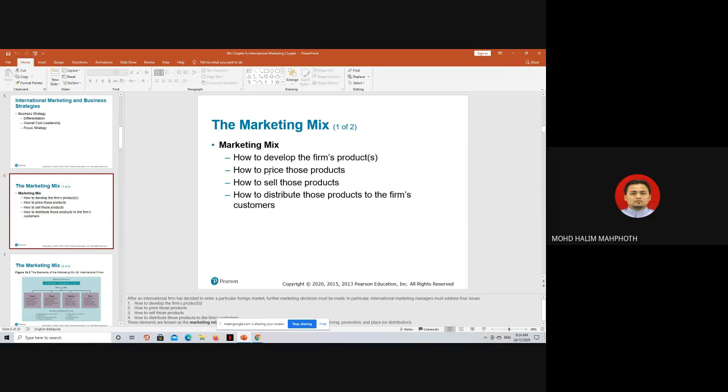How about the demographics, you need to know which level of people consume your product. And in terms of distribution, how your product is moved from one place to another.